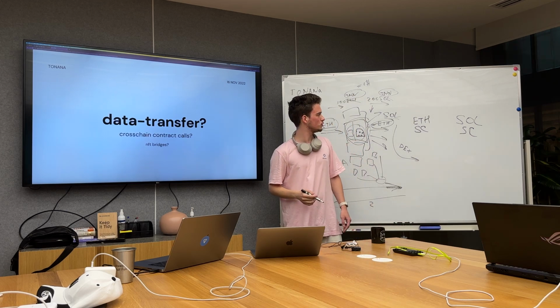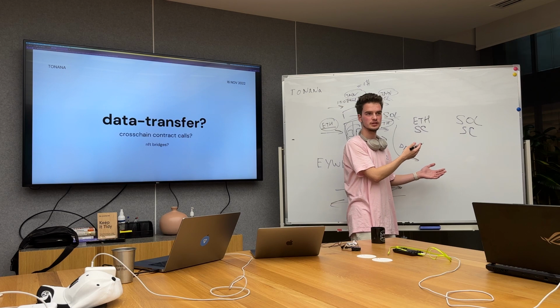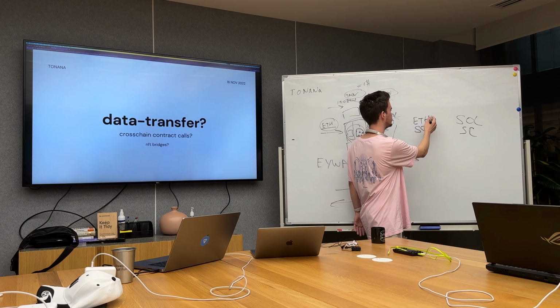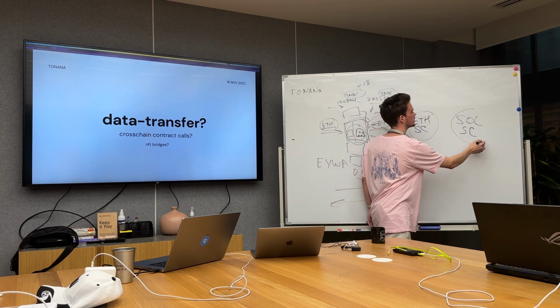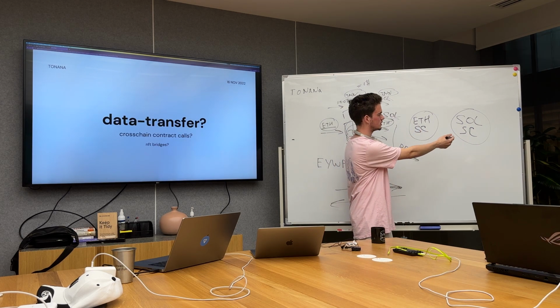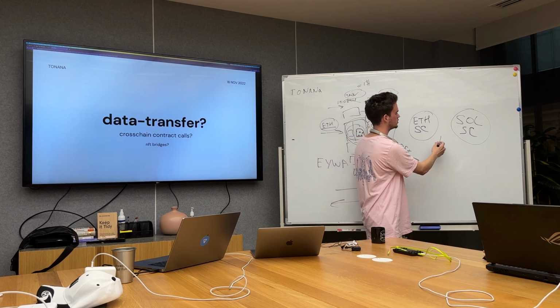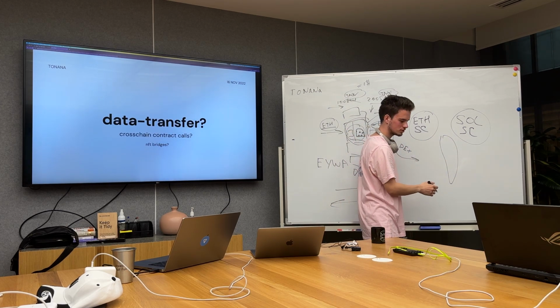If you want to call the Solana smart contract from Ethereum, those systems are encapsulated, which means that you are not allowed to call smart contracts from one blockchain to another.